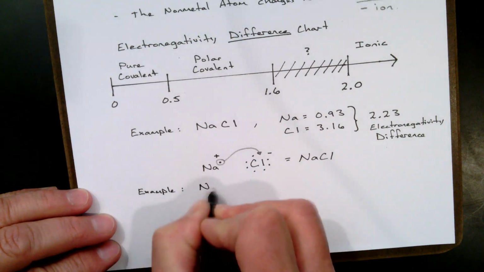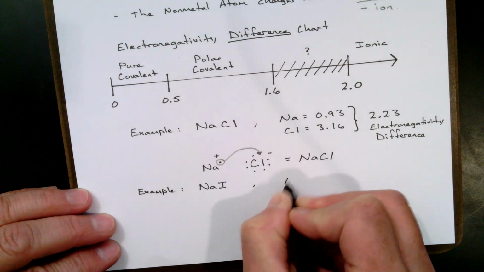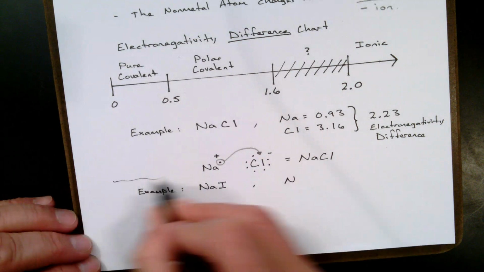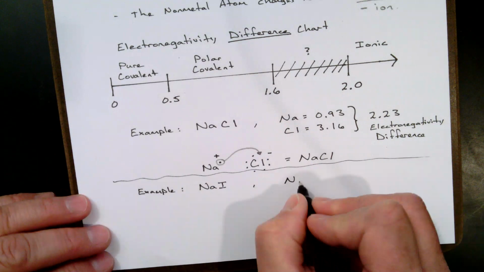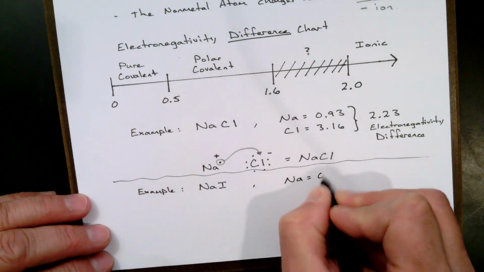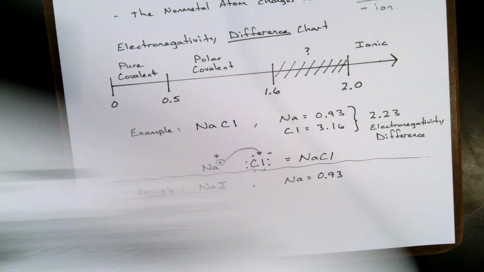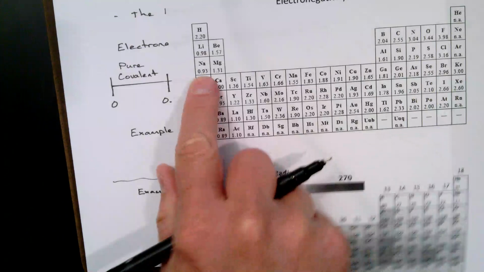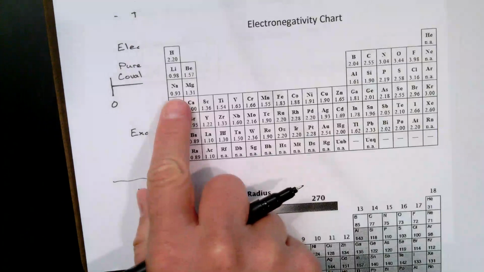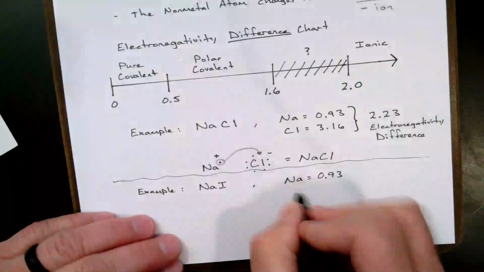That's generally the case. So now let's take a look at this example of Na with I. Na is 0.93. We've already looked Na up, 0.93 on my electronegativity chart. I is 2.66.